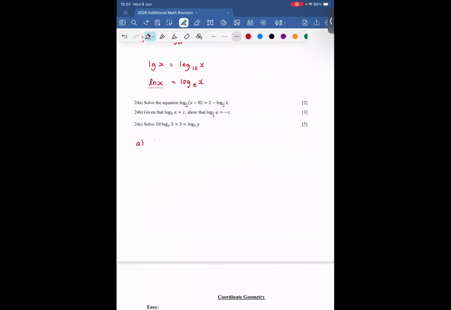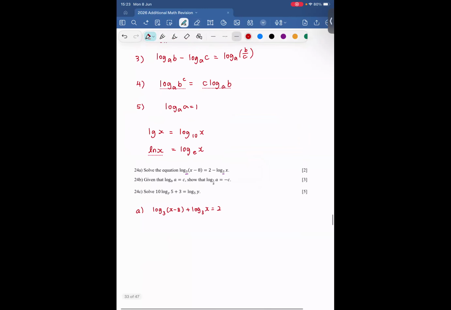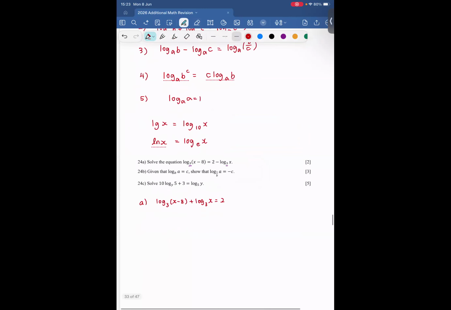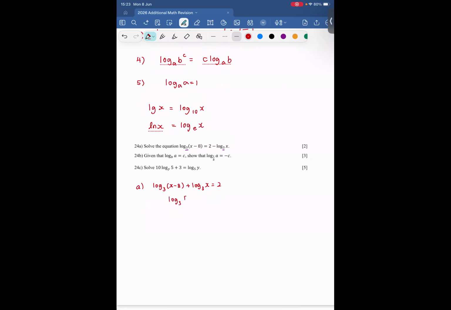Okay, if the log base is the same, you just bring them to one side. Okay, what do I do next? I use law number 2. I will combine these two together. It will become x times x minus 8.